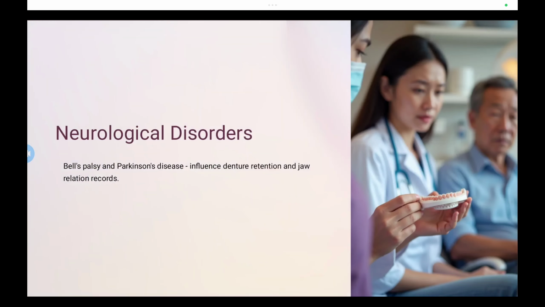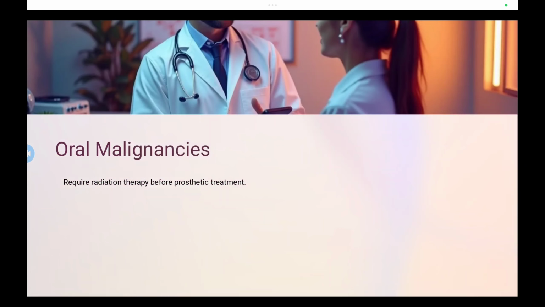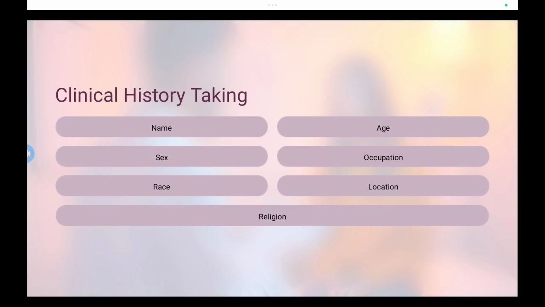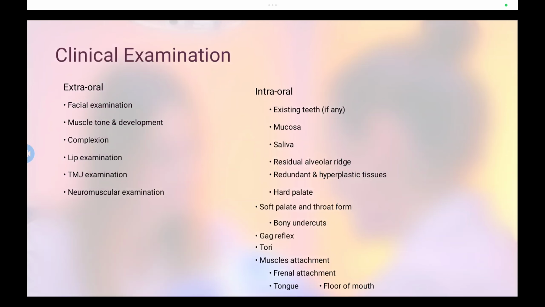Now next is the history of present illness. It is the course of the patient's chief complaint, important in ascertaining a proper diagnosis and treatment plan.